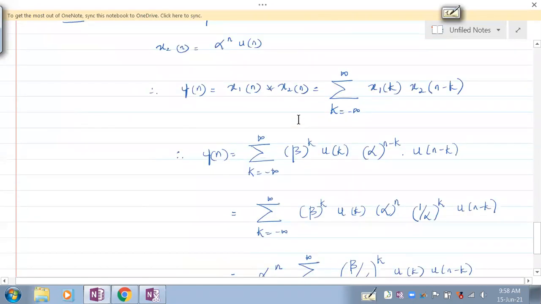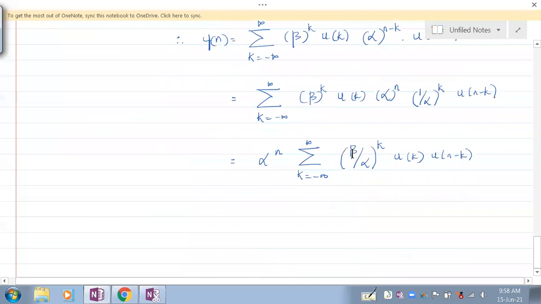Now, if beta is less than 1 and alpha is less than 1, I can say beta by alpha, the ratio, is also less than 1. So that is one thing we shall remember.